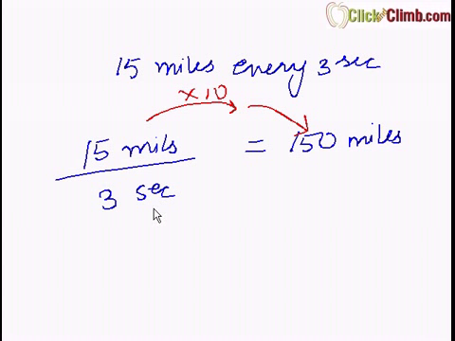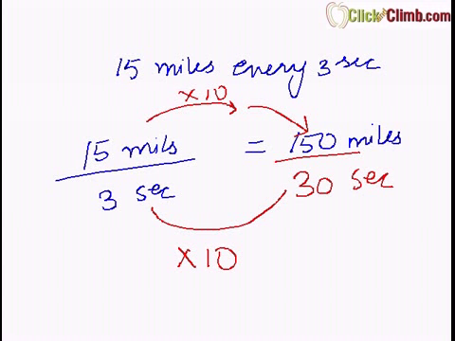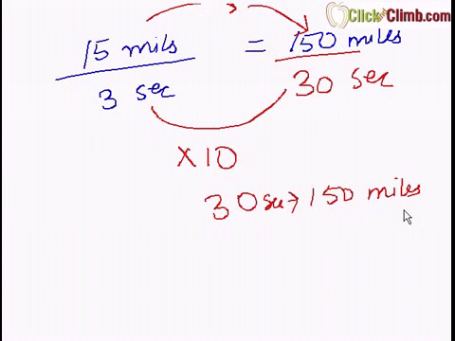I will also multiply by the same number 10 in the denominator, where we have 3. 3 times 10 will be 30. So that's going to be the answer, 30 seconds. So it will take 30 seconds to travel 150 miles. This is how we use the rate.